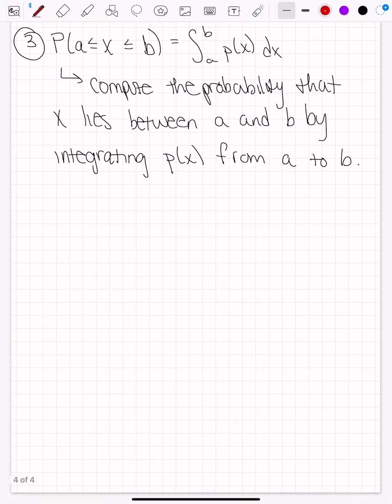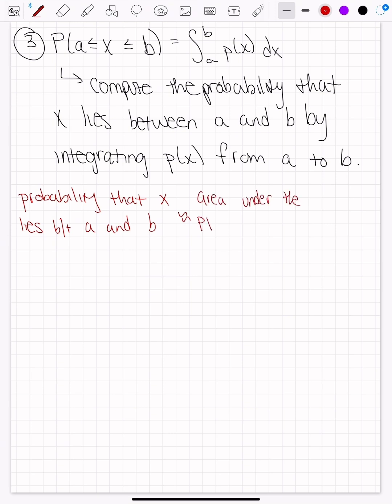So basically our relationship is that the probability that x lies between a and b is synonymous with the area under the PDF between a and b, which is synonymous to the integral of p of x.